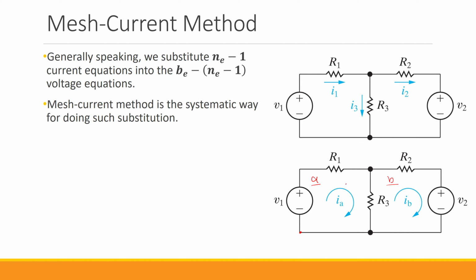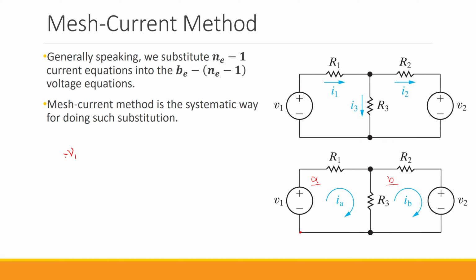So let's just go in the direction of this current and see what we can write as the KVL for this mesh. If I start from this point and go upward, first I need to write negative V1, right? Again, following the passive sign convention, as we always do. When we enter an element from the negative side or from the opposite side of the voltage drop, we consider that to have a negative sign.